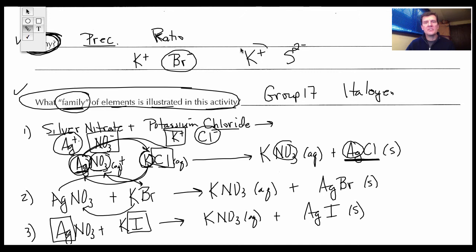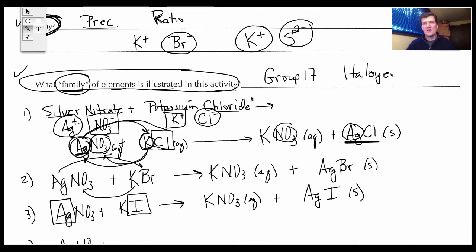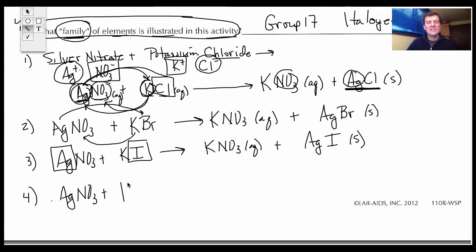So I'm going to need 2 potassium for every 1 sulfide ion to make a neutral compound. So the formula here is K2S, because it's a sulfur from a different family. Now, when these switch places, silver and potassium, the potassium's still going to go with the nitrate and form potassium nitrate.